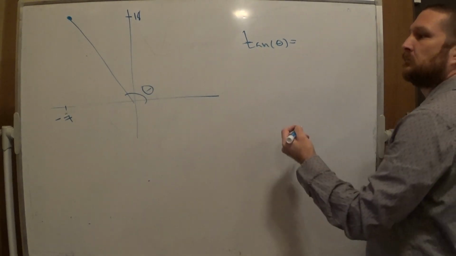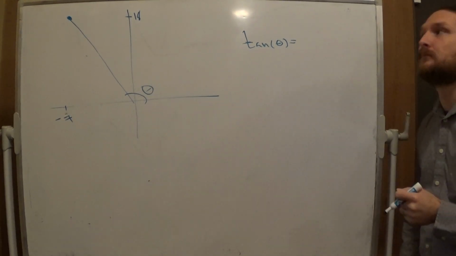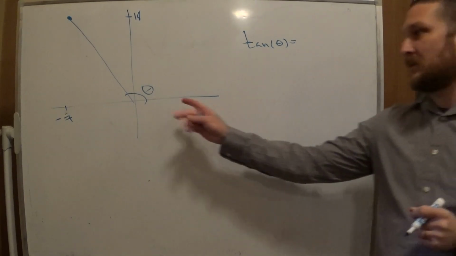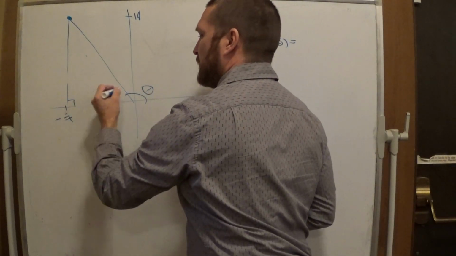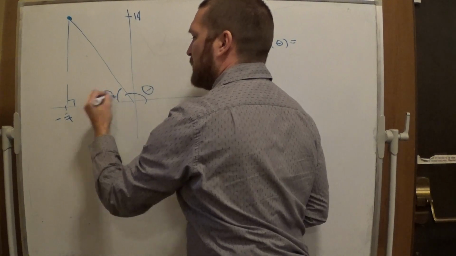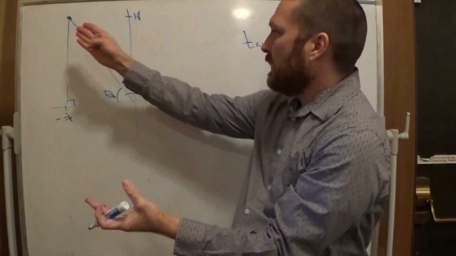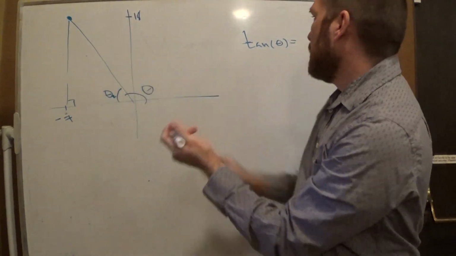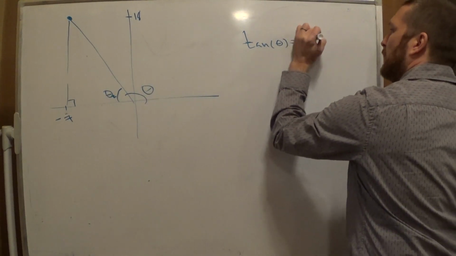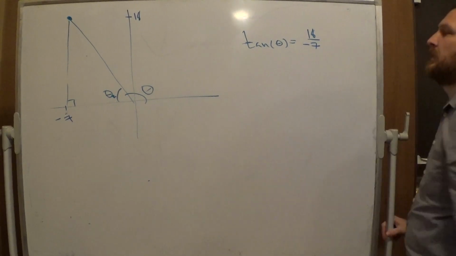Negative 7 over 18. No, 18 over negative 7. Right? Because just think about it. If you get confused, just like, well, hold up, wait a second. Tangent of that triangle would be opposite over adjacent. Opposite is that. And so 18 over negative 7. There we go.